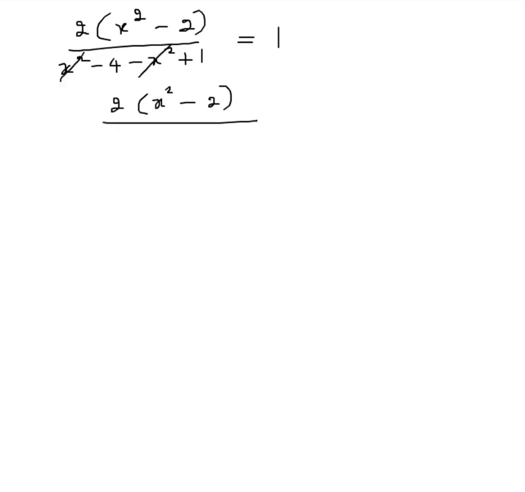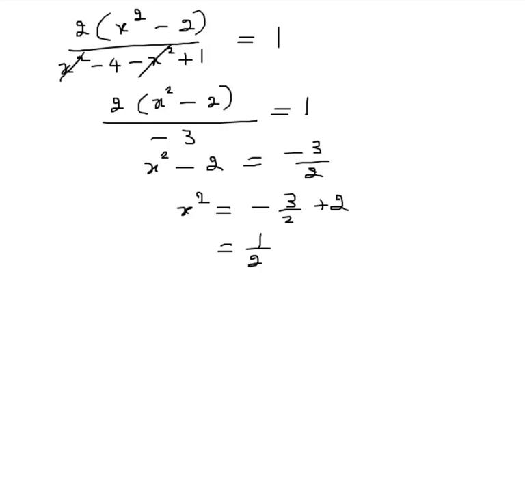X square gets cancelled. So x square minus 2 is minus 3 by 2. X square is minus 3 by 2 plus 2, which is half. So x will be plus or minus 1 by root 2.